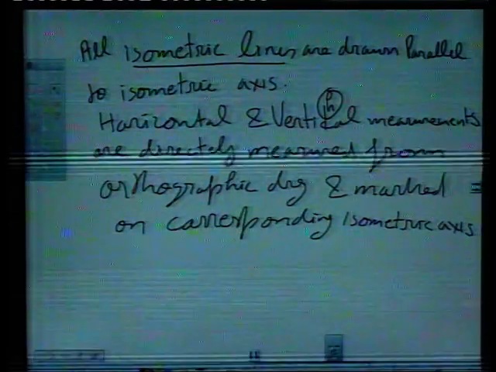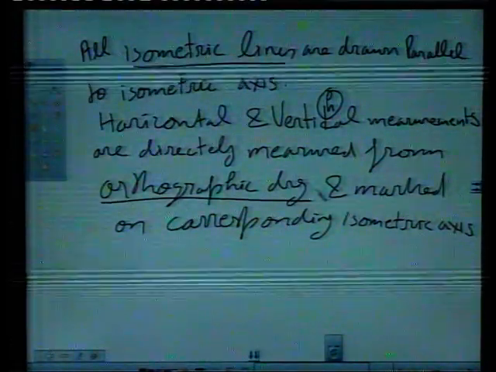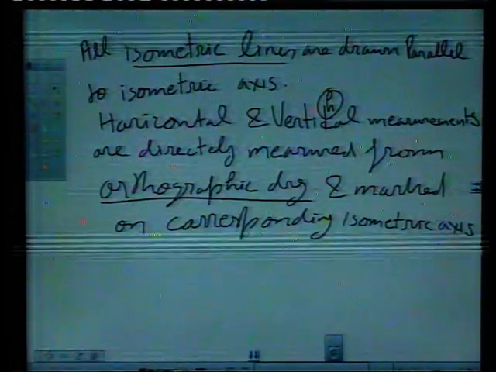Horizontal and vertical measurements are directly measured from the orthographic drawing, right, and marked on the corresponding isometric axis.